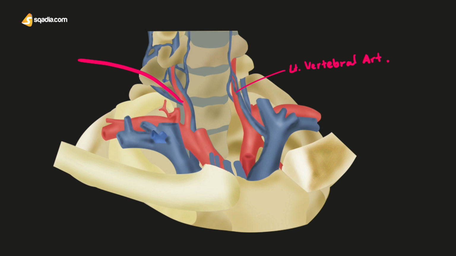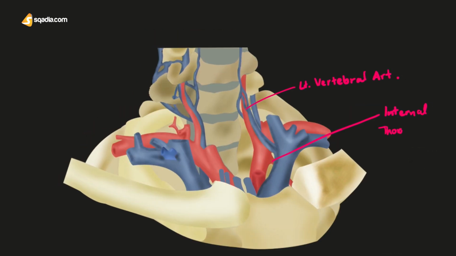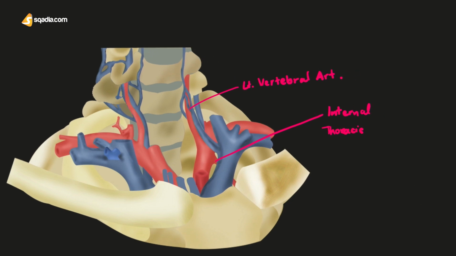And we have the internal thoracic artery. You can see that over here. And we have the thyrocervical trunk, which is the one that is more anterior, and we have this costocervical trunk.